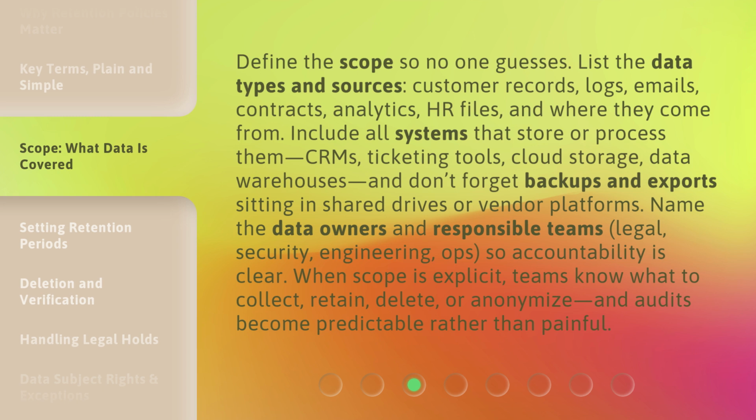And don't forget backups and exports sitting in shared drives or vendor platforms. Name the data owners and responsible teams: legal, security, engineering, ops, so accountability is clear. When scope is explicit, teams know what to collect, retain, delete, or anonymize, and audits become predictable rather than painful.